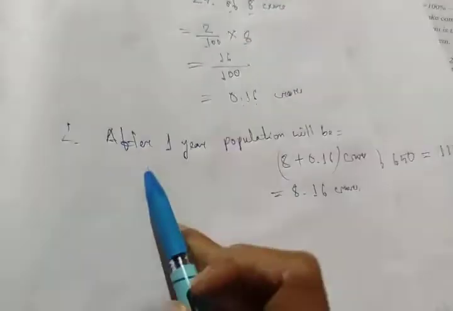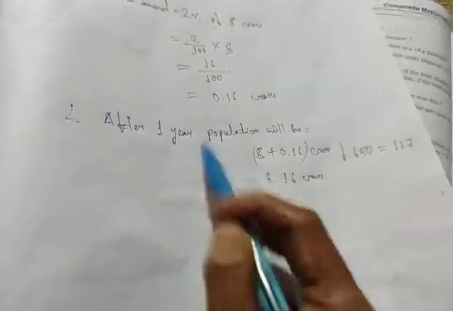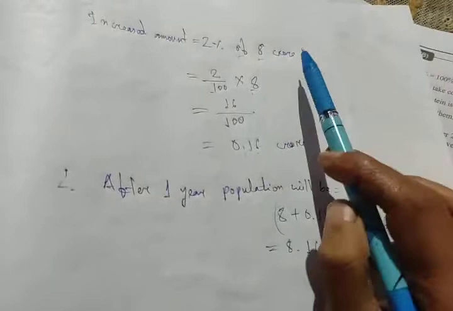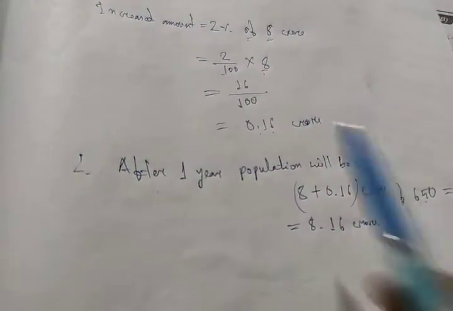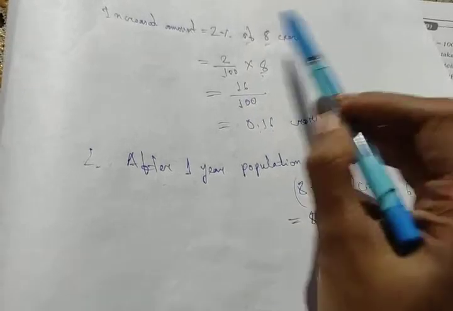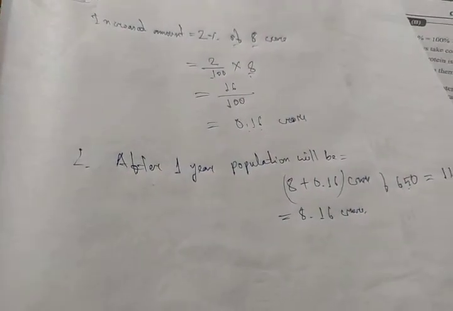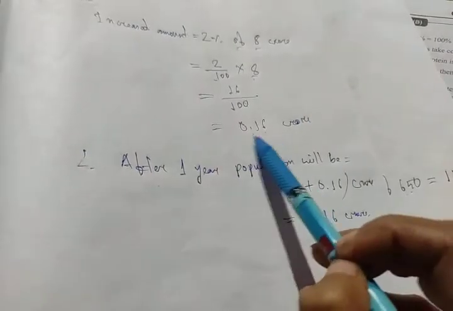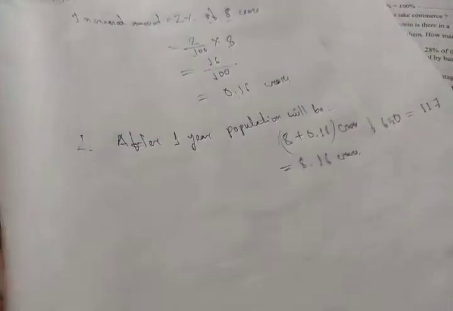So after 1 year this will be 8.16 crore. Initially 8 crore, again in every year since it is increased 0.16 crore, so 8 plus 0.16, 8.16 crore.